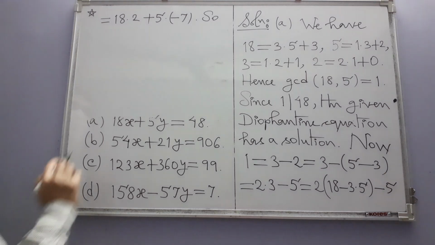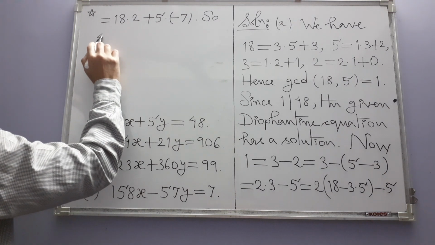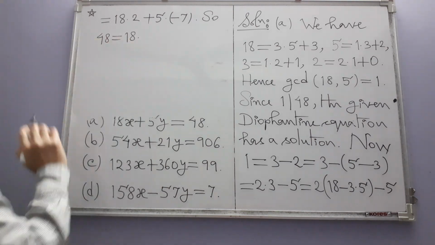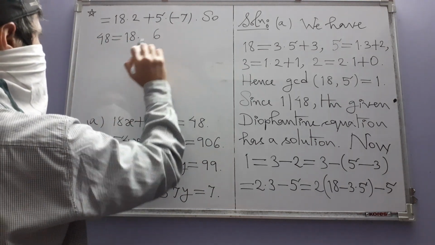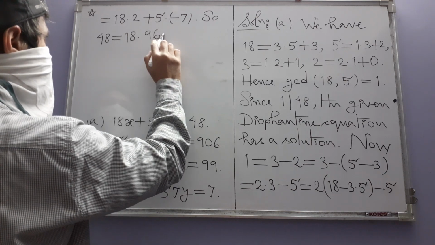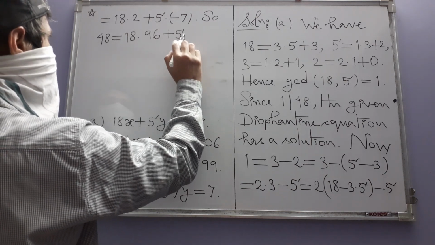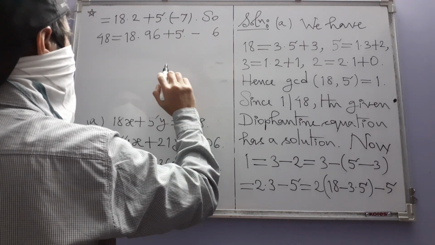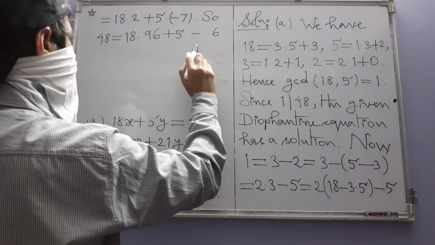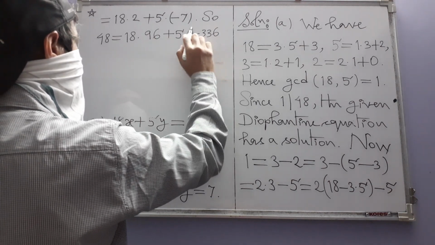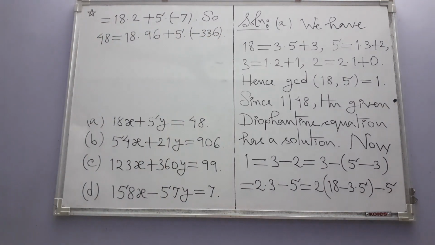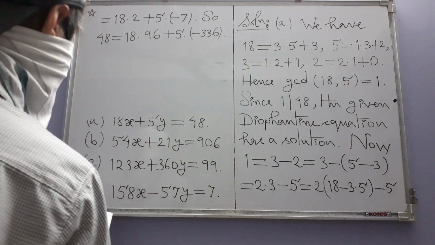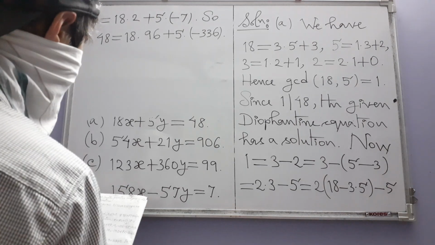So 48 is equal to 18 times, what will it be? 96, plus 5 times minus 336. Let me see if I have found the correct answer. 96 and minus 3, yeah, at least this much I can do.